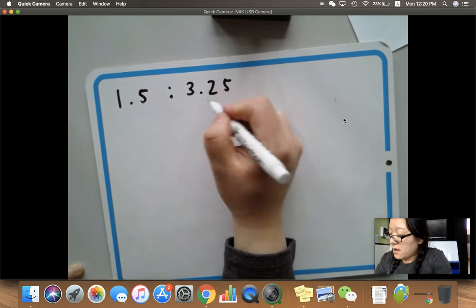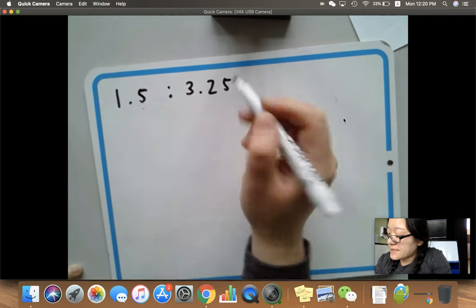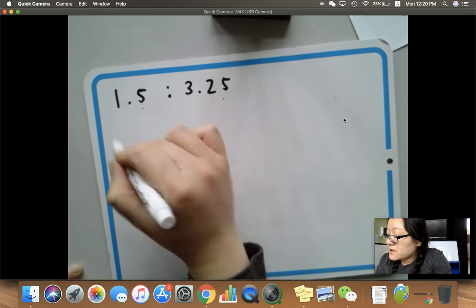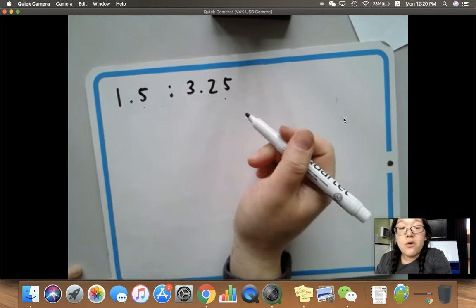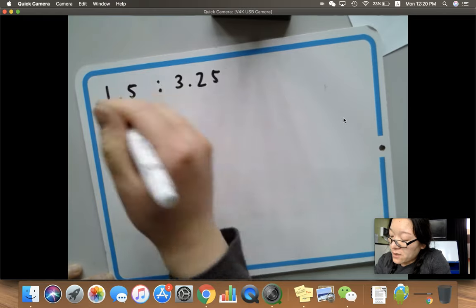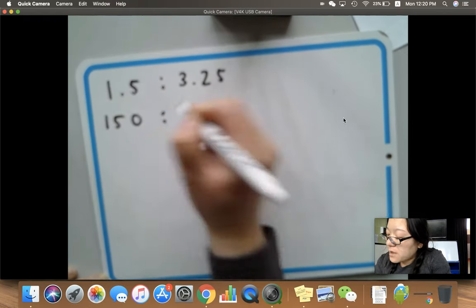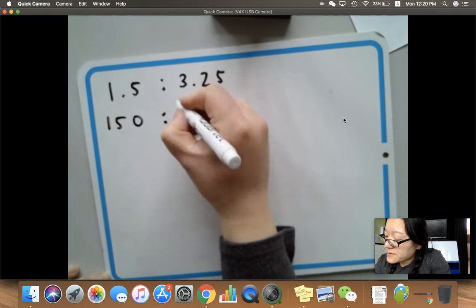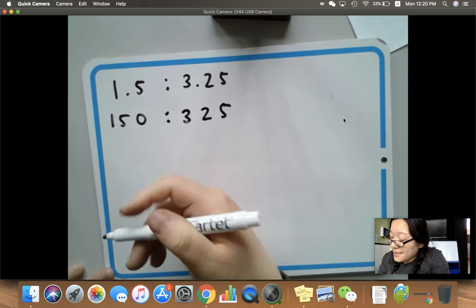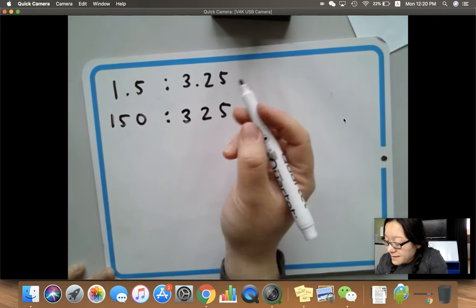All right, let's have a look at that. This goes to the tenths column, but this actually goes to the hundredths column, which means that if we want to get completely rid of the decimals, we need to multiply by 100 this time. So 1.5 times 100 is 150, and 3.25 times 100 is 325. With anything involving fives, it's easy to start dividing by 5.